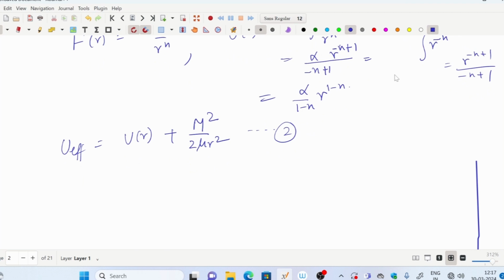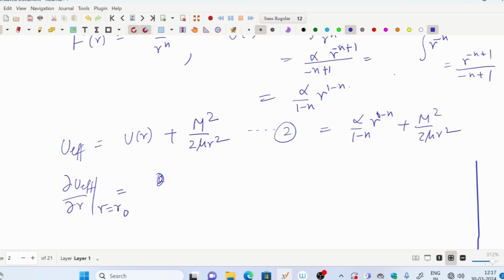And then let us find where this potential has a minima or maxima. For that, del U effective del r, let us say at r equal to r0, it will have a minima. U(r) is alpha over 1 minus n times r to the power 1 minus n plus M squared over 2 mu r squared.